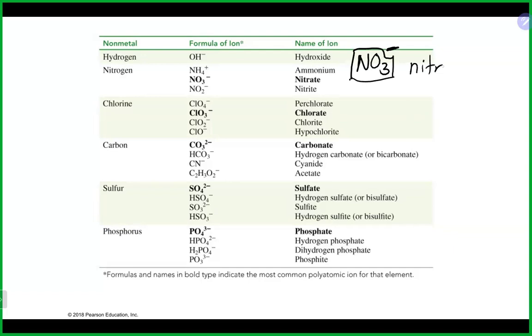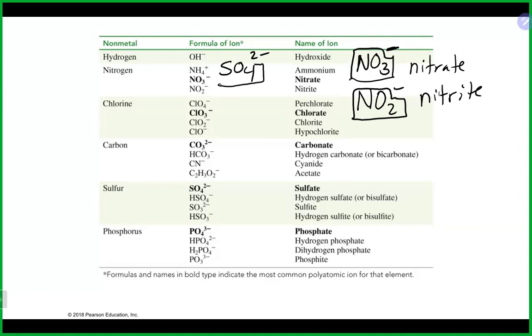That's known as nitrate. The one that's related to it is NO2 minus, 1 nitrogen, 2 oxygens, also has a -1 charge. This is known as nitrite, ITE. For example, if you look at sulfur over there, there's SO4 2 minus. That is 1 sulfur with 4 oxygens and a -2 charge. That is known as sulfate.